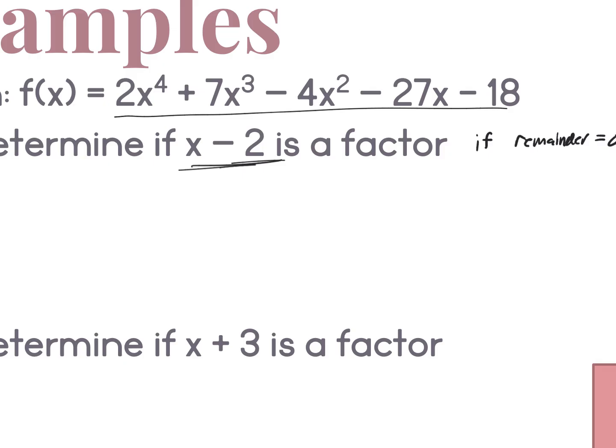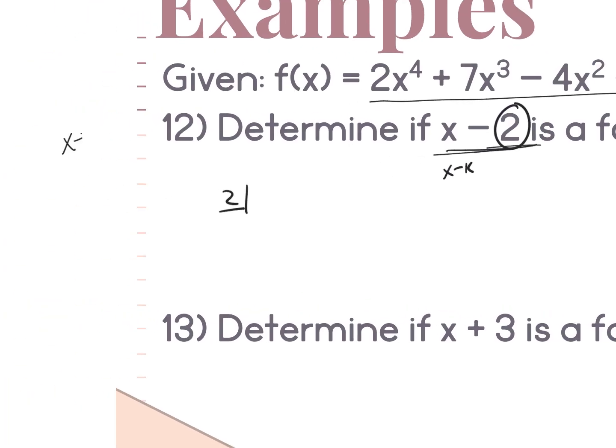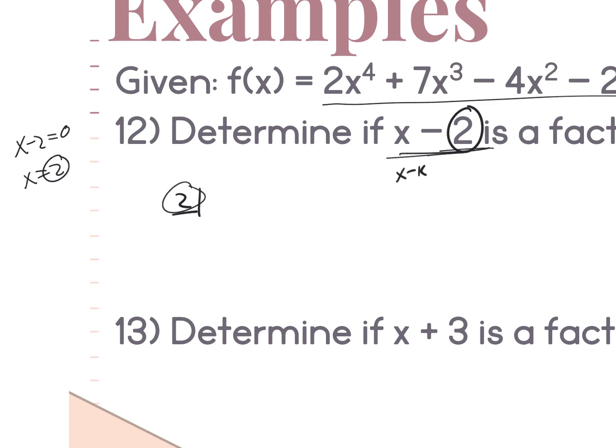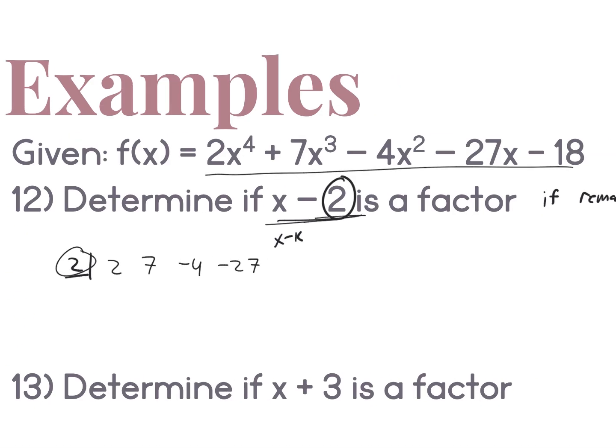Remember that this is in the form x minus k or x minus c, and in the box goes your k value, which in this case is 2. Use x minus 2 equals 0, and then you get x equals 2. That's the number you're putting in that box. Right beside it go the coefficients of your quotient: 2, 7, -4, -27, and -18.